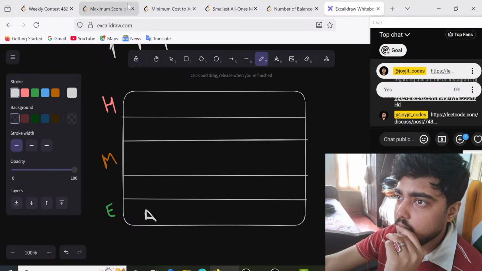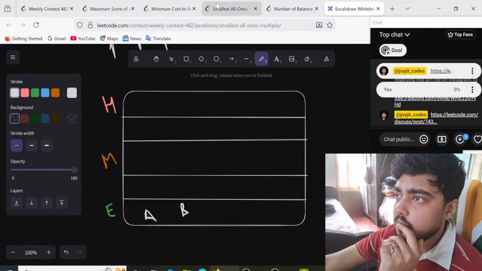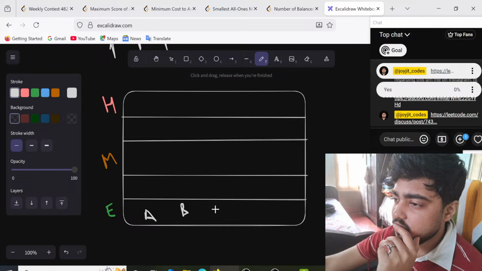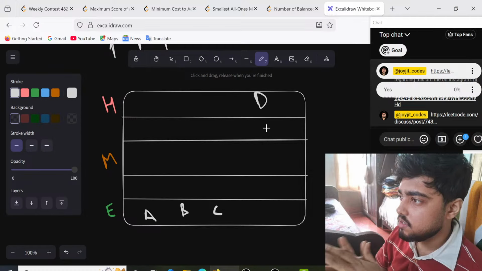The second question was also easy. The third question was a little bit on the harder side, but also easy. Sorry, the fourth question was hard. So I think this is the rating of today's contest.